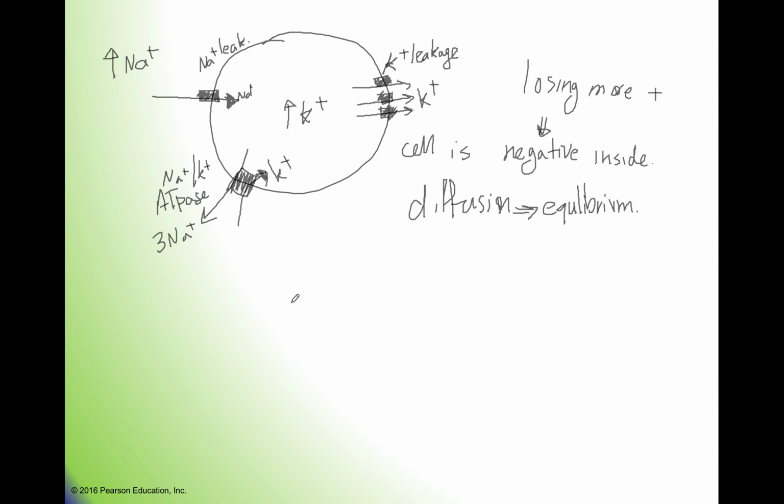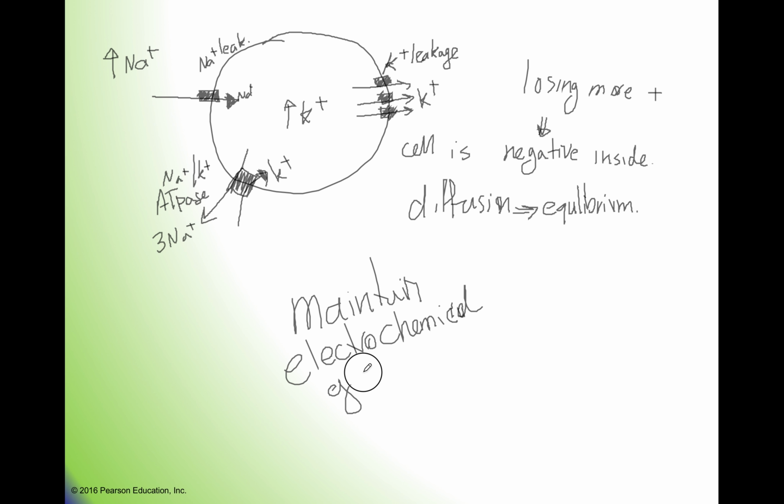So what I'm describing as these 3 steps, the 2 leakage channels and the sodium-potassium ATPase, are essential for what process? Maintaining the electrochemical gradient.